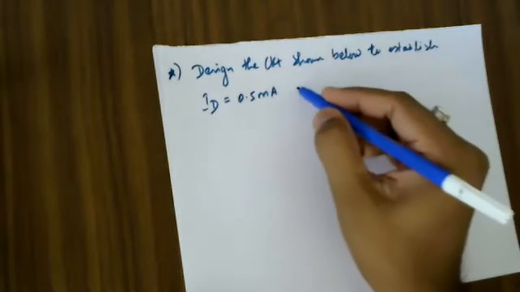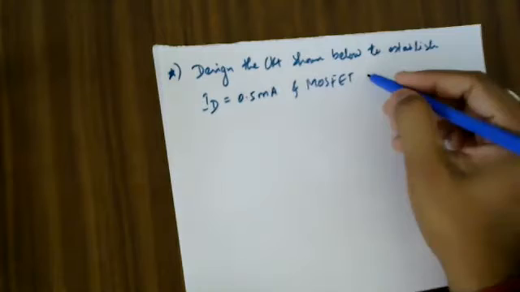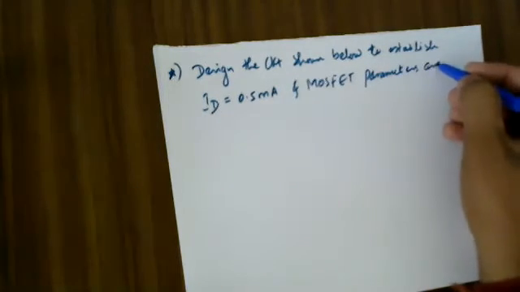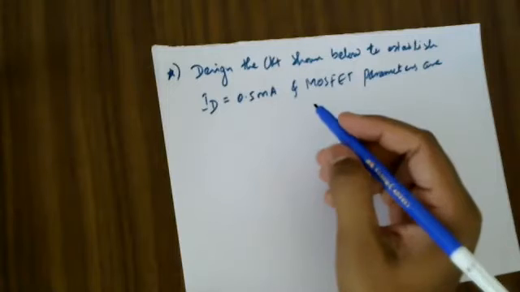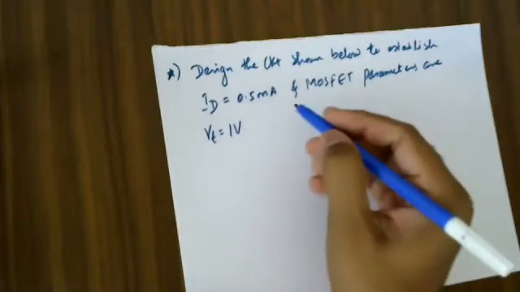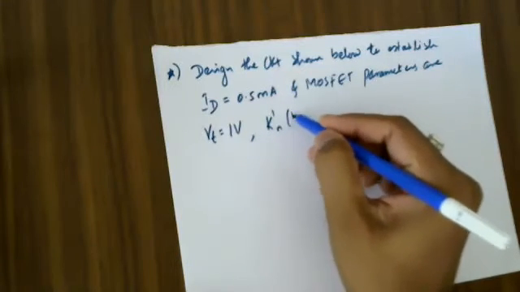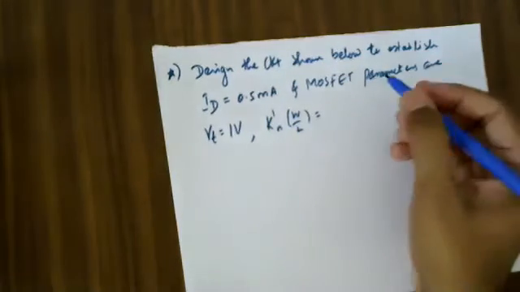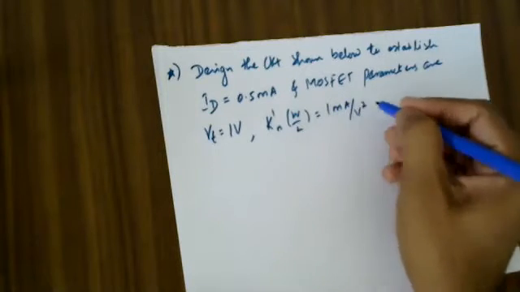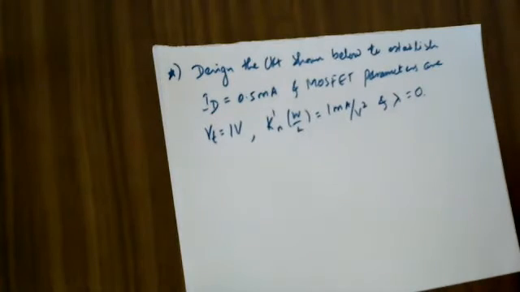And the MOSFET parameters are VT equal to 1 volt, Kn dash into W by L equal to 1 milliamps per volt square, and lambda equal to 0.